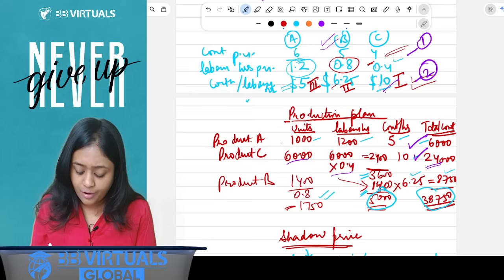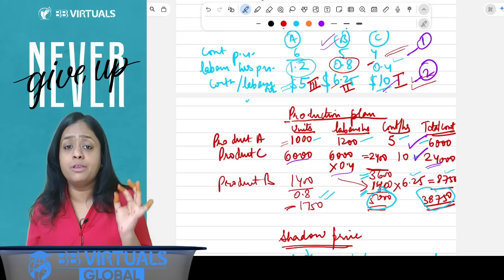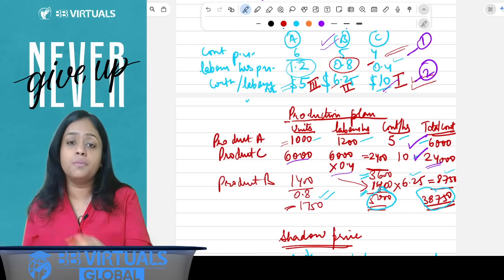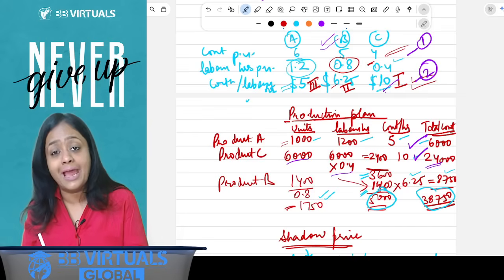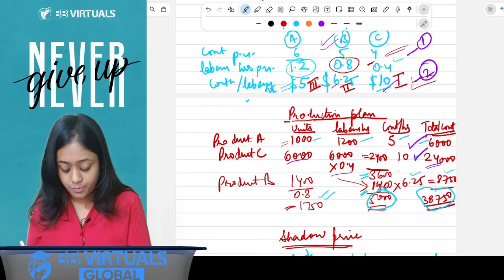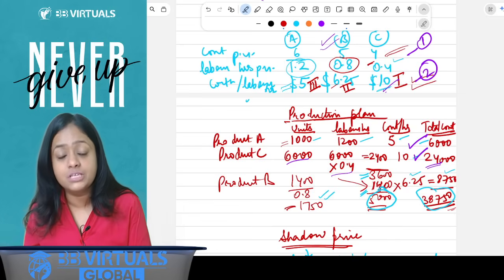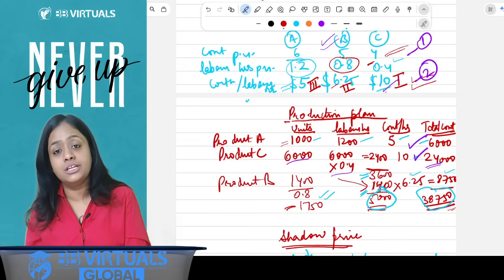So here I took the minimum demand first, which means always in your exam, make sure that you take the minimum demand first, that is to be met whatever is the situation, and then we take the products as per their ranking to maximize the contribution. So here the contribution that I'm getting is 38,750. That means this is the maximum that the entity can achieve.